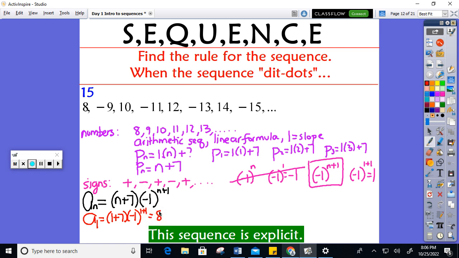That's 8 times negative 1 squared, which is 8. That one works. A sub 2 is, excuse me, sometimes the computer does that, 2 plus 7 times negative 1 to the 2 plus 1. That's 9 times negative 1 cubed is negative 1. That's negative 9. Yes, I've got it.